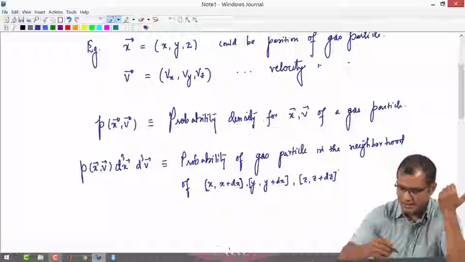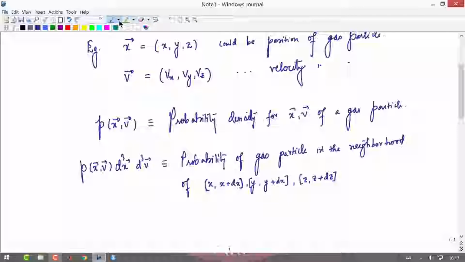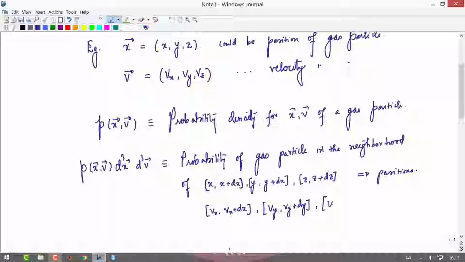These are the values of positions, and the velocities are within the range Vx to Vx plus dVx, and the y component of velocity is in the range Vy to Vy plus dVy, and the z component of velocity is in the range Vz to Vz plus dVz.